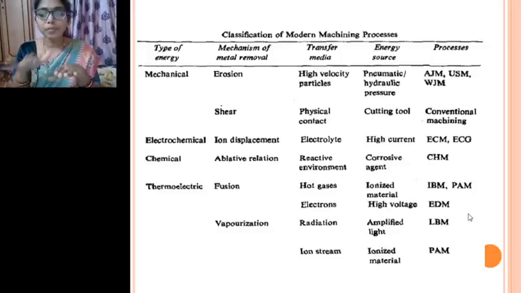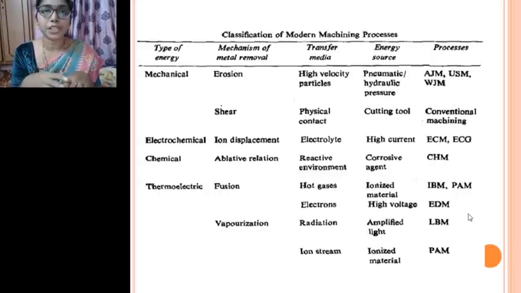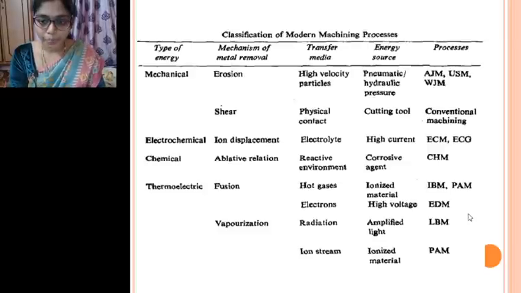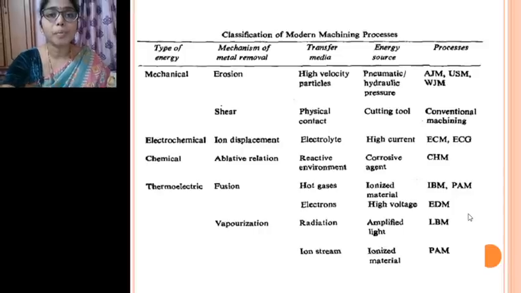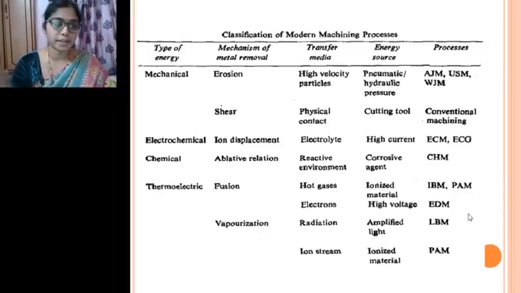So these are the different stages of a material heated under metal conditions, right? First it gets heated up, then it reaches its melting point, and then its vaporization point. So that is plasma arc machining and ion beam machining, where we convert it into ions and then hit the surface.